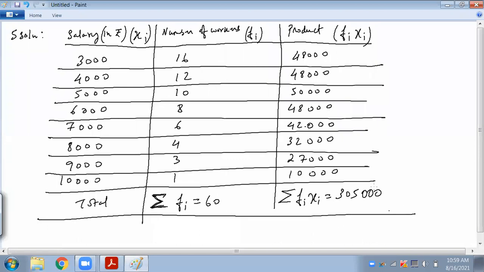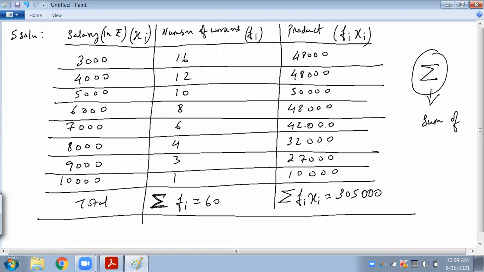Then we'll find the mean. This is the sigma symbol. It is a Greek letter, and it means sum of, that is, total of.